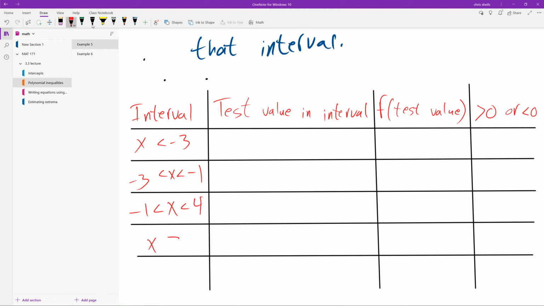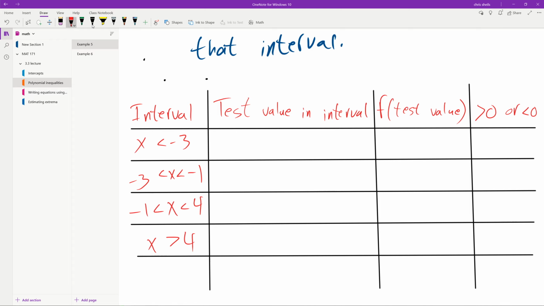And x is greater than 4. These numbers are the zeros that we got previously. So I have intervals between each of my zeros, and I have an interval including everything less than -3 and everything greater than +4.